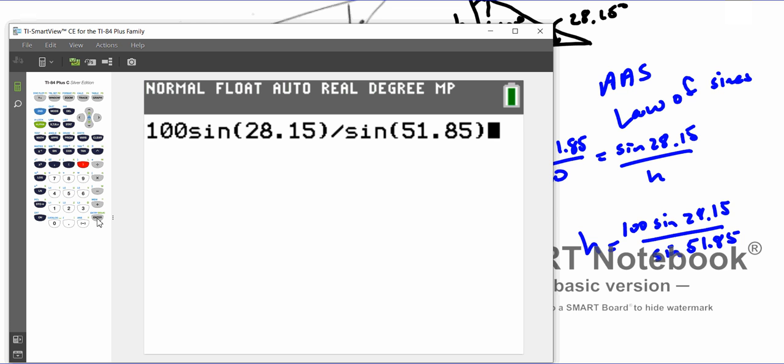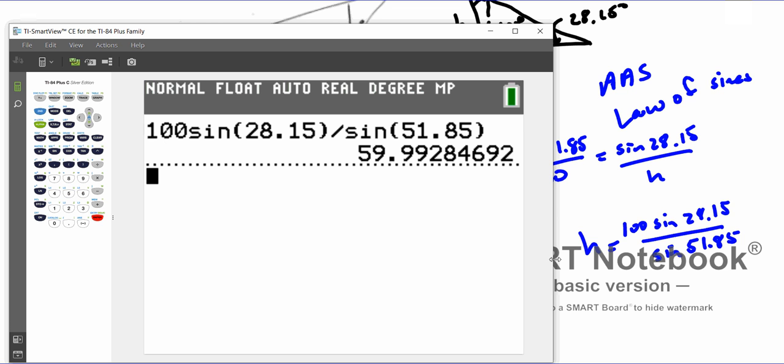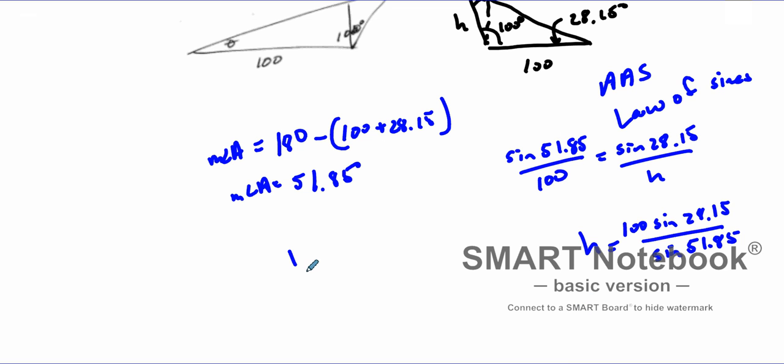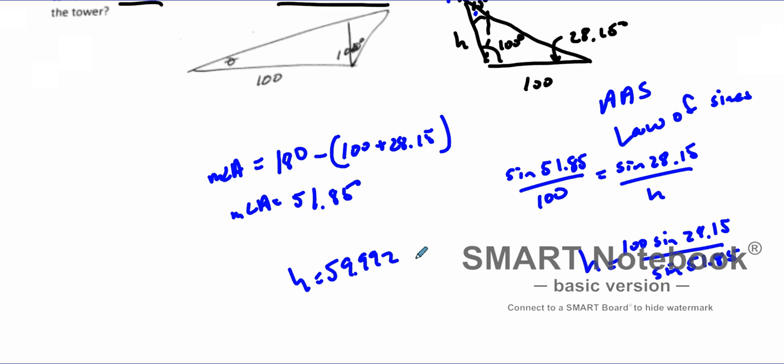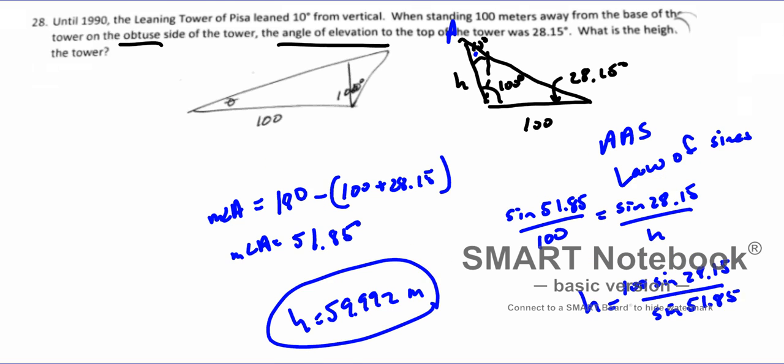Close parentheses. Boom: 59.992. So h is equal to 59.992 meters. That's what I was looking for, and that's what the leaning tower piece is going to be.